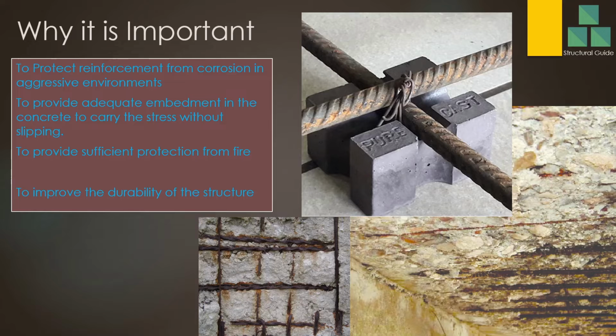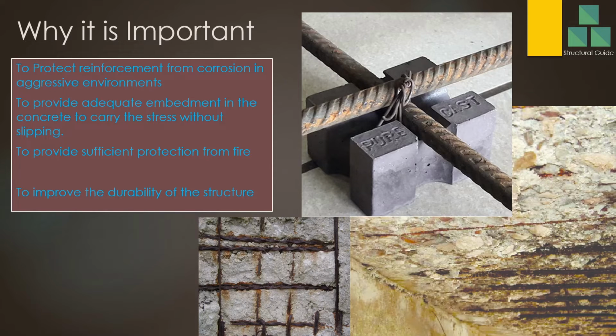Next, we are going to discuss the sufficient cover required to protect the structure from fire. If there is a fire in the structure, for example under the slab, and the reinforcement is exposed to the rising temperature, the reinforcement will yield.